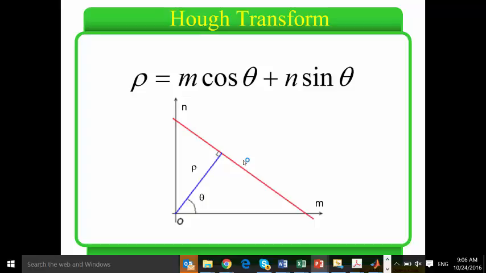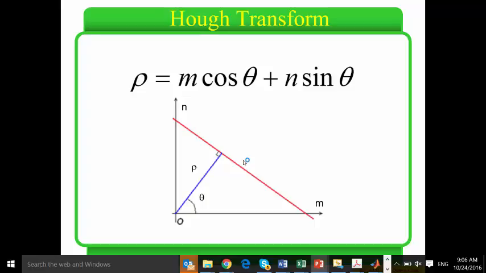As you can see, this blue line is perpendicular, coming out from the origin, to the red line that I want to detect. And rho is the length of this blue line. Theta is the angle made by this blue line with the positive x-axis, provided that the positive direction of theta is counterclockwise. So this is positive theta.